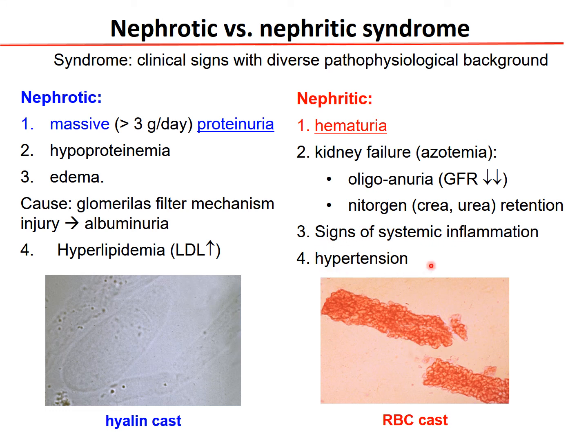There are signs of systemic inflammation, and very commonly hypertension can occur. If we look at the sediments, in nephritic syndrome we have red blood cell casts, while in nephrotic syndrome, hyaline casts can be found in the sediment.